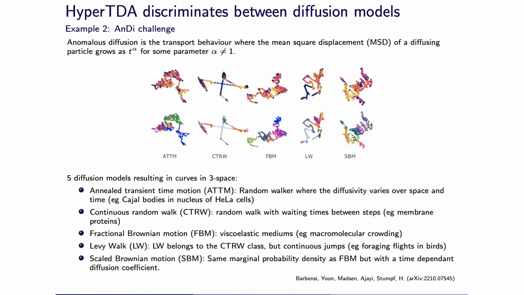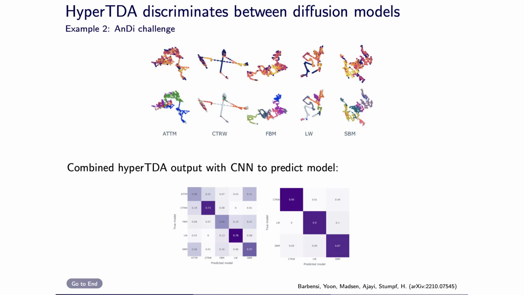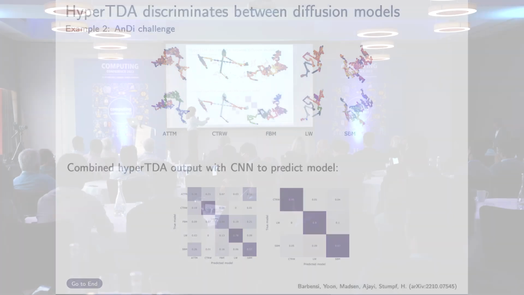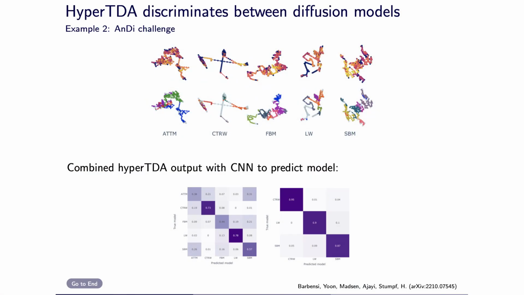And we've applied it to other types of models, and again, we can see that for different classes of random diffusion models, we can predict based on the trajectory, this hyper-TDA can project which of the appropriate models the data came from fairly well.